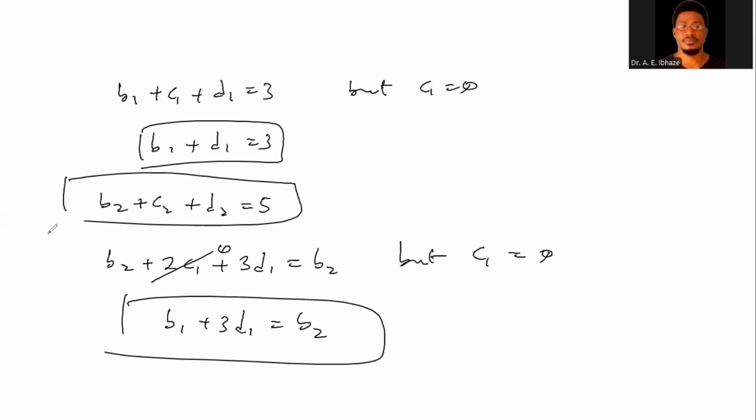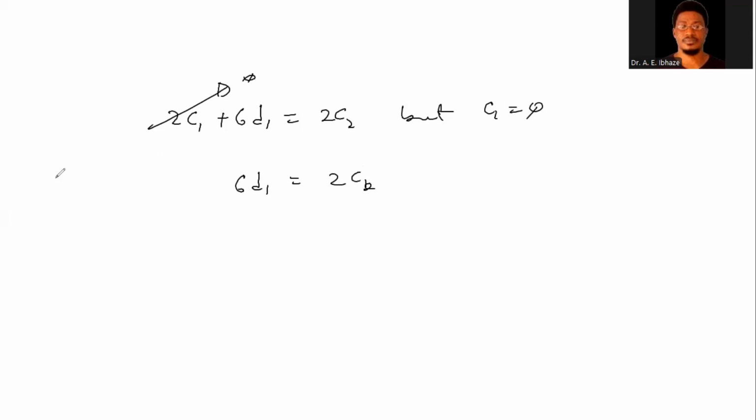So also, we know that 2c1 plus 6d1 is the same as 2c2, but we already evaluated c1 to be 0, so this knocks off to 0. So we have 6d1 to be the same as 2c2, right? And we also know that c2 is the same as negative 3d2, right?